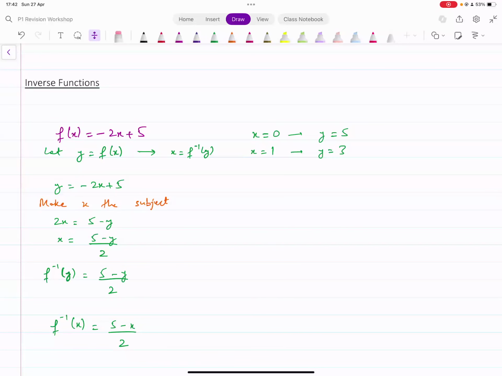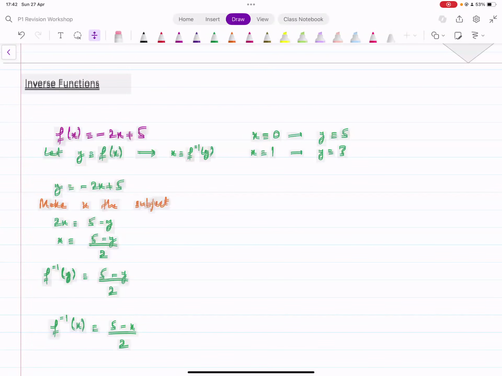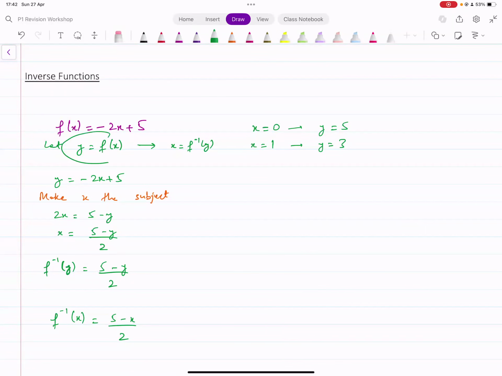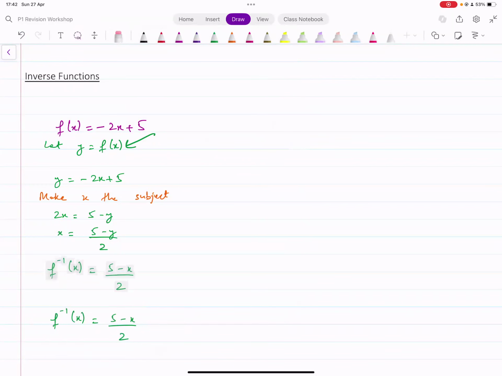You've done this in O levels already for linear functions. How does it work? If you have a function that looks like this, f of x equals minus 2x plus 5, how does the process work? You say let y equals f of x.